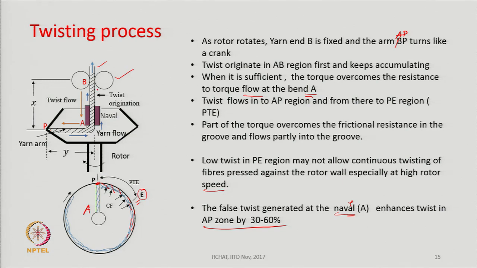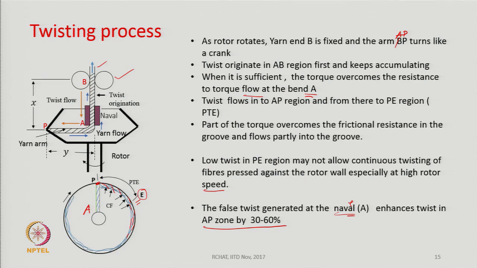The twist is initially built up and accumulates in the region AB, and once sufficient twist accumulates there, the torque will flow to the point P, as it will be able to overcome the resistance at the point A, because of the contact point. If there is a bend, there is too much pressure also.